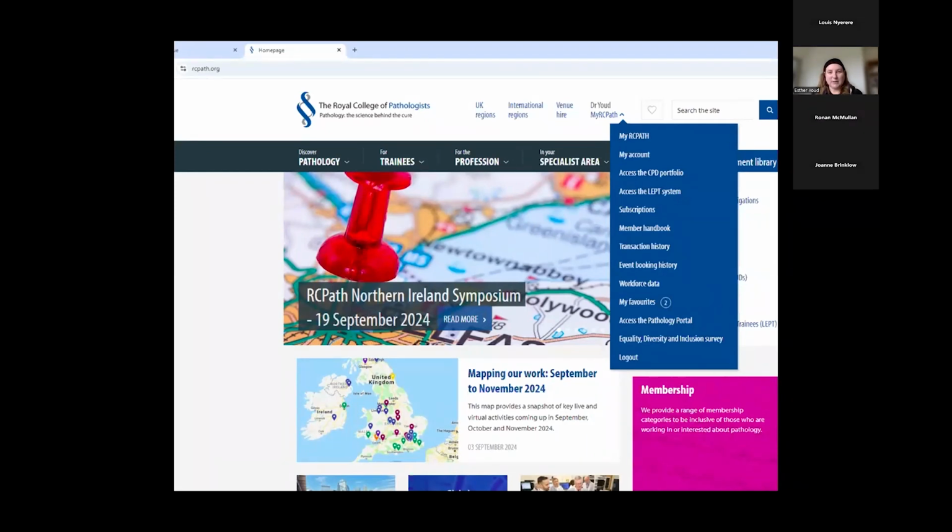When you access the college website, on the drop-down list under your account, there will be a tab for accessing the pathology portal, and then it takes you through those steps to be able to link your college login with your Learning Hub login, just to make things simple.